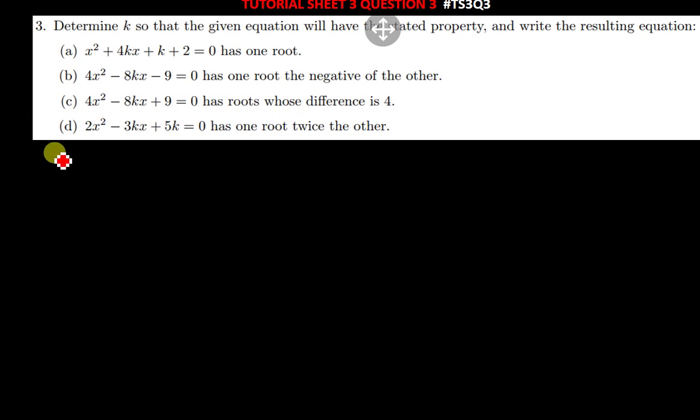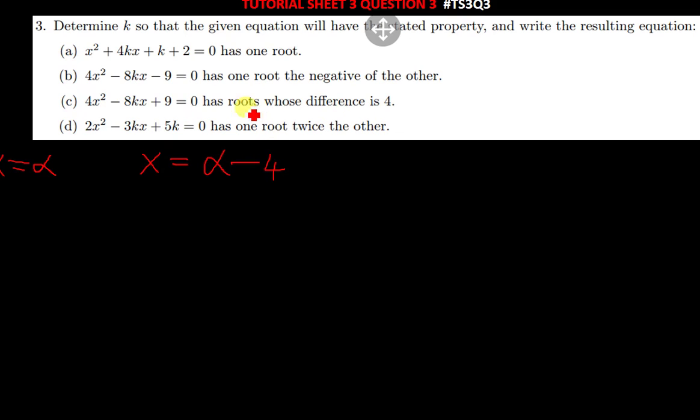So our first root is alpha, and then our second root, so we have one x which is equal to alpha, then our second x is equal to alpha minus 4. You can either use alpha minus 4 or alpha plus 4. It's still going to give you the same answer.